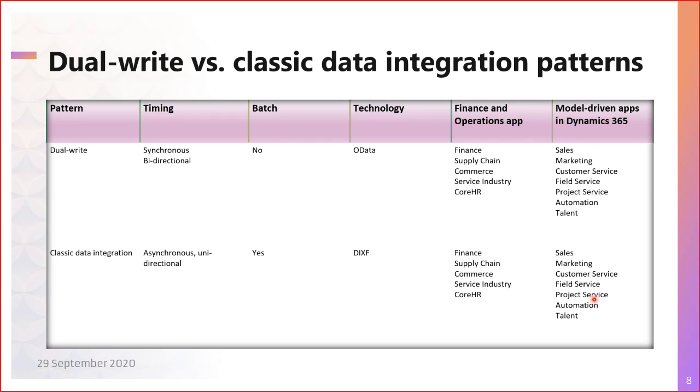With the classic data integration, it requires a lot of manual process. You have to create a project on connections, connection sets, and then you have to define your recurrence. Whereas DualWrite is an inbuilt framework which lives in finance and operations.